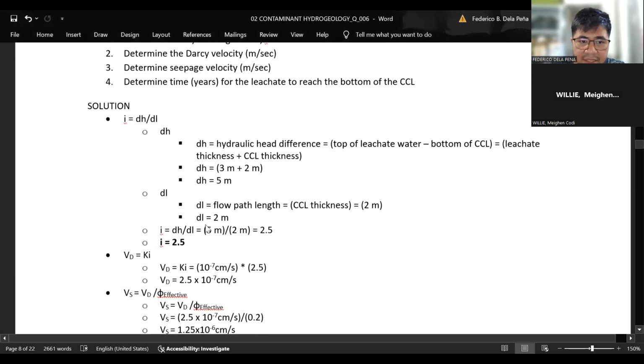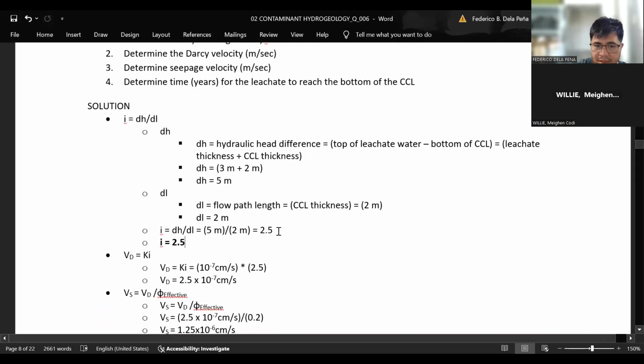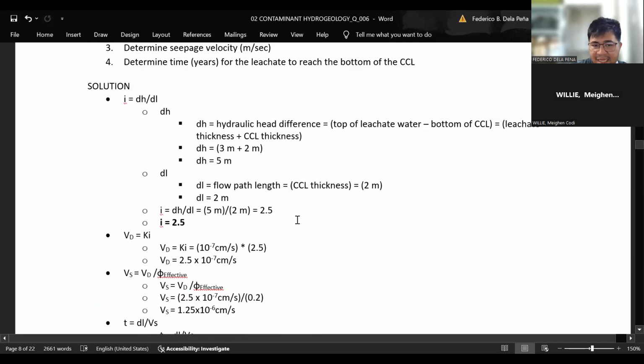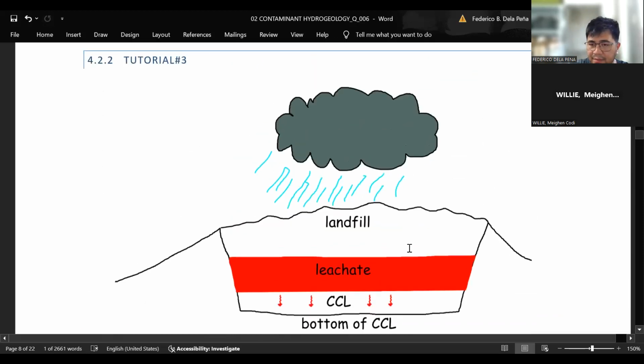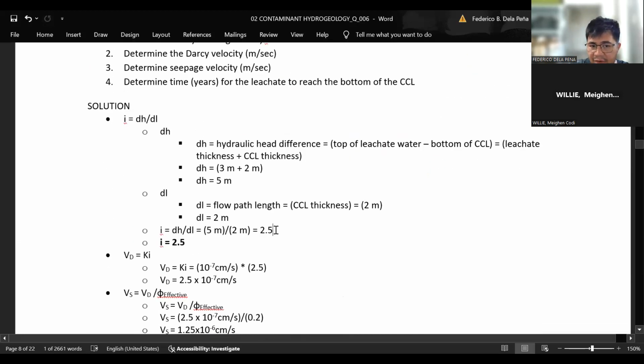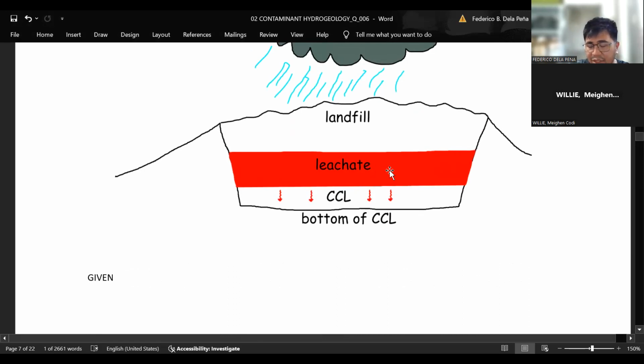Now, that will lead us to a hydraulic gradient of 5 divided by 2 meters. So the hydraulic gradient now is 2.5. So it's quite high. And essentially, that's the only parameter that changed throughout the problem. You increased the hydraulic gradient because you added a surcharge of water here.